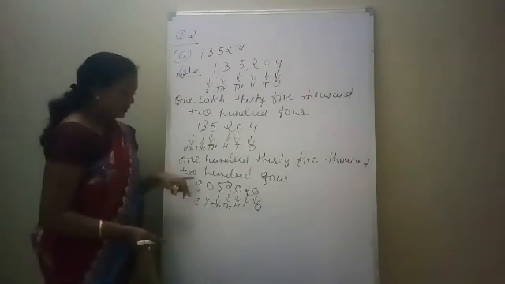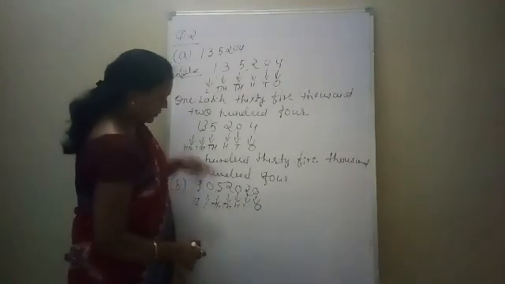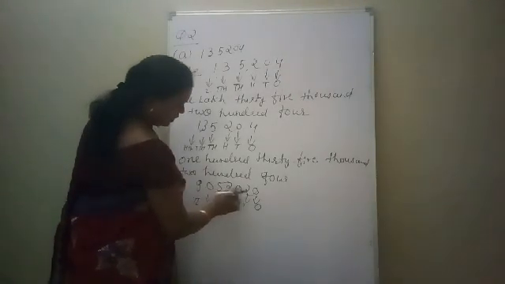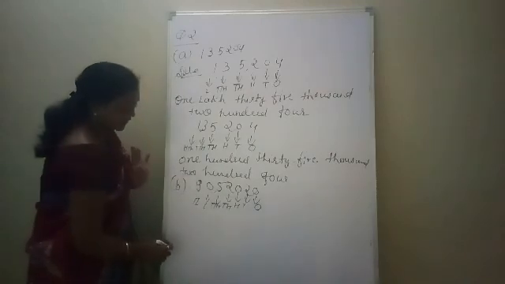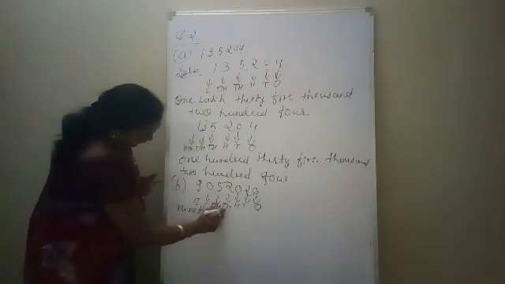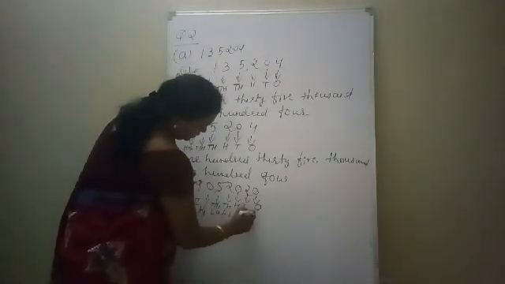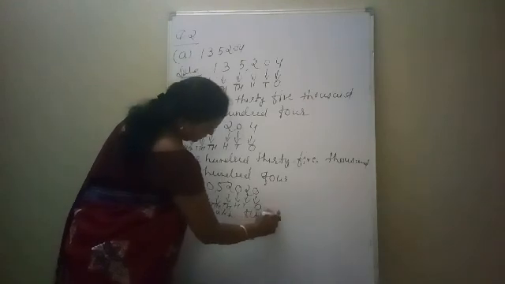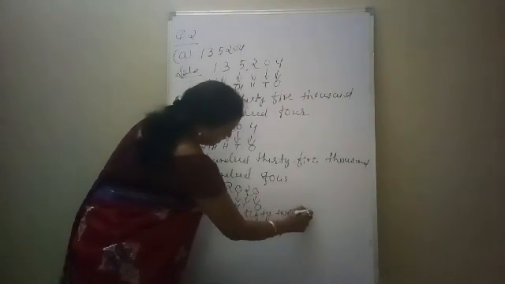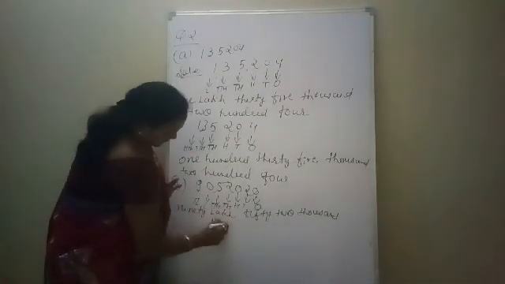So this is 90 lakh. In the Indian place value chart, we write 90 lakh 52,020.